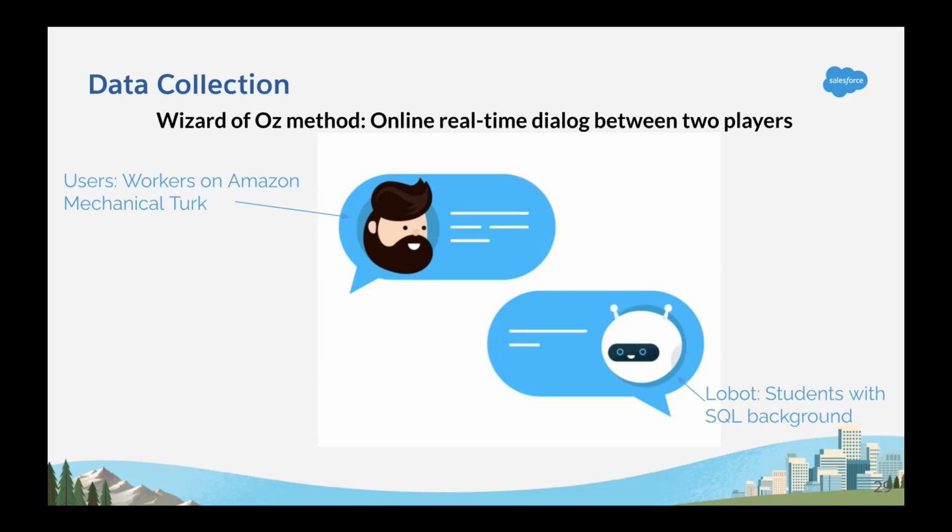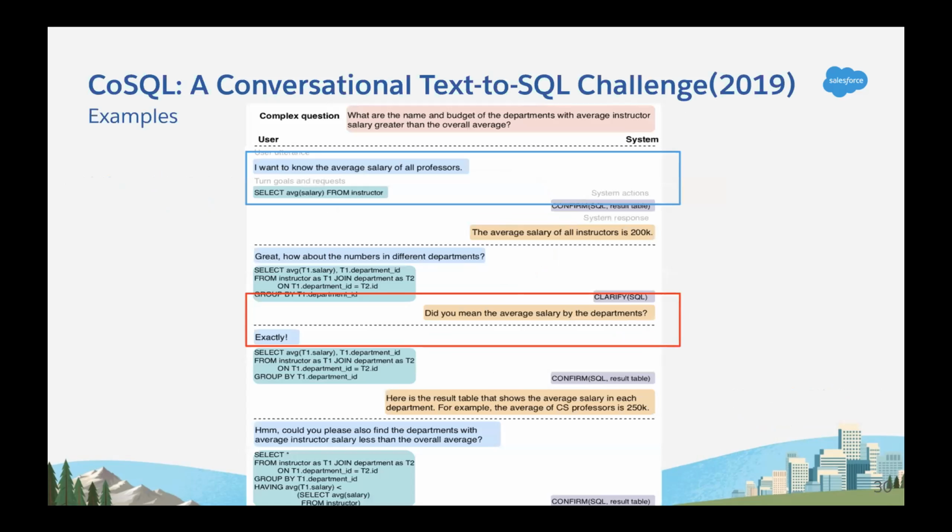You need to decompose those questions so the robot can understand, and step by step reach the final goal of this question. So our users talk with our students, and we collect the data based on the interaction.